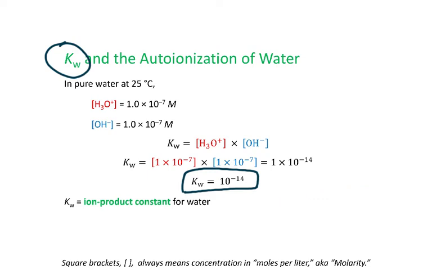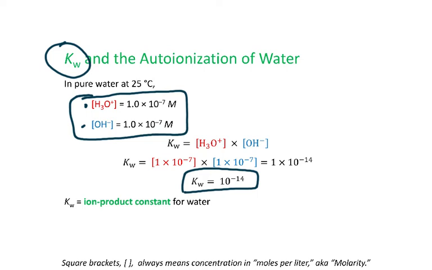And that's equal to the product of the two ion concentrations. And so with a little bit of math here, you basically just take the square root of that number because these are equal to each other. And the concentrations of each of these are 1 times 10 to the negative 7 molar, very small, right? That's just measured, really. And then we get Kw, and it's equal to this constant for a given temperature, right?